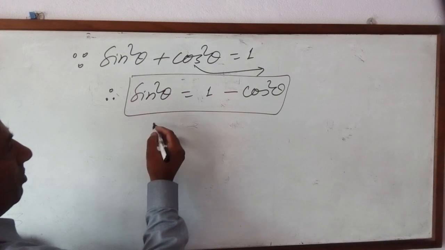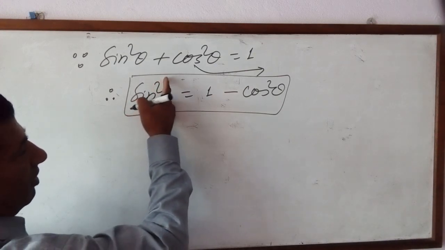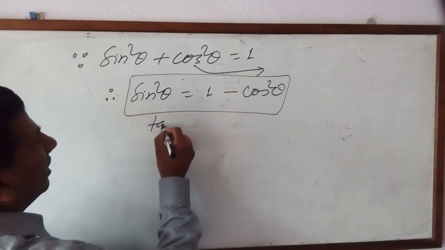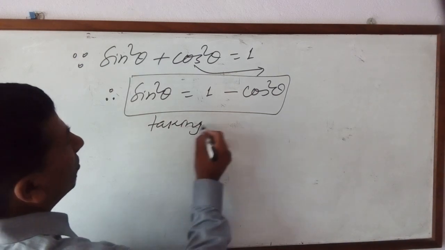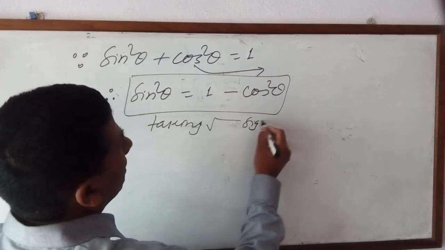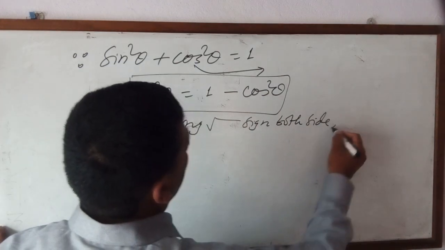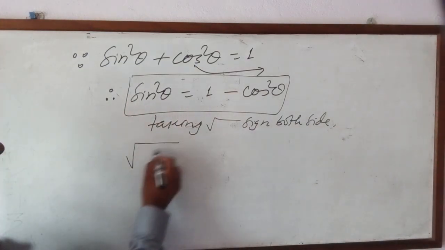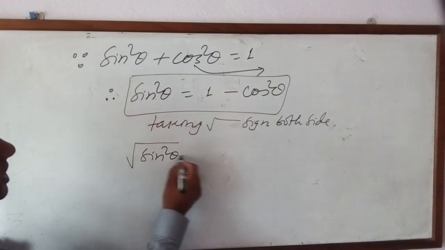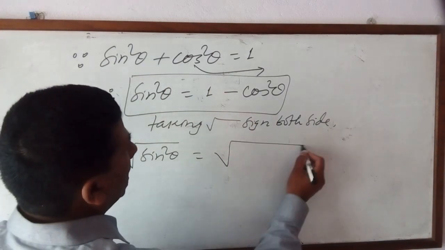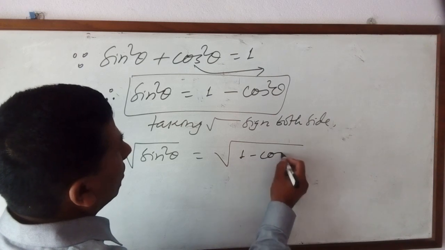Now remove the square from this sin square, using the same method, taking the root sign on both sides. Then it will be sin theta equals plus minus root of 1 minus cos square theta.